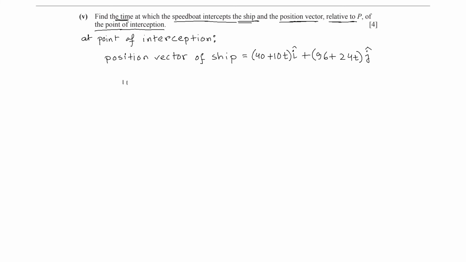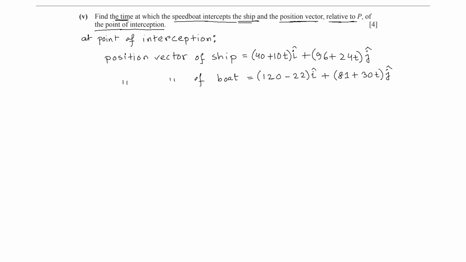Okay, now let's write the position vector of the speedboat. Position vector of the speedboat is equal to (120 minus 22t)i plus (81 plus 30t)j.